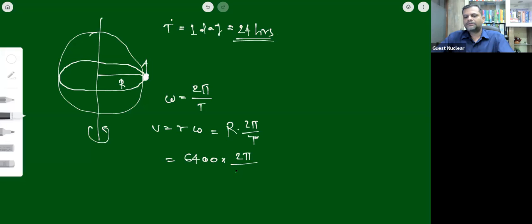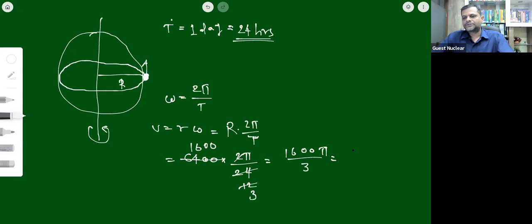and here t is going to be 24, so that we can just divide this 2 and 24, leaving behind 12, and also we can just reduce this. तो यहाँ पे क्या आएगा, 4 3s are 12 and 4 16s are 64, 00 as it is, so that we can get finally this as 1600 into pi by 3. Correct है? But don't forget that this value of pi is actually 3.14.